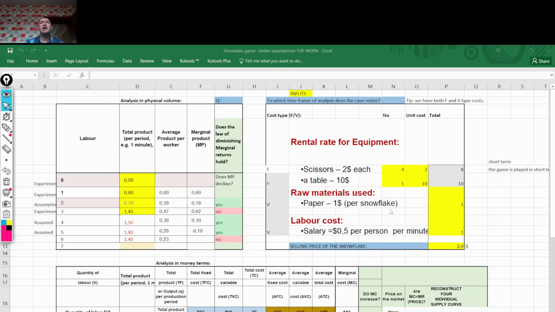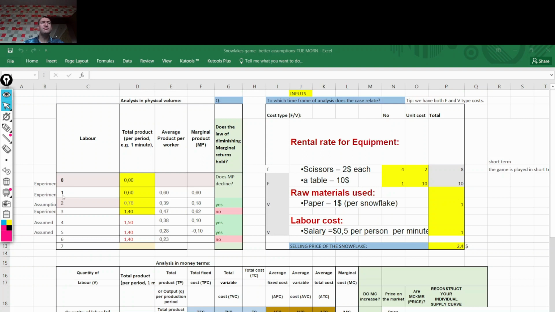The raw material was unlimited. I brought enough paper to the class, except for the last class. I brought enough paper to all of them. And then we had labor costs. The idea was that you were notionally compensated at a salary of $0.50 per person per minute. Then we ran an experiment.